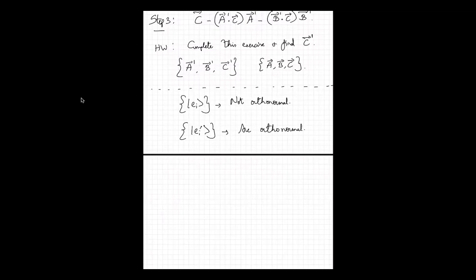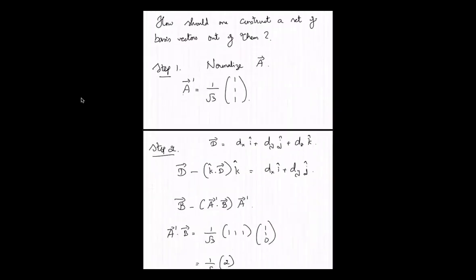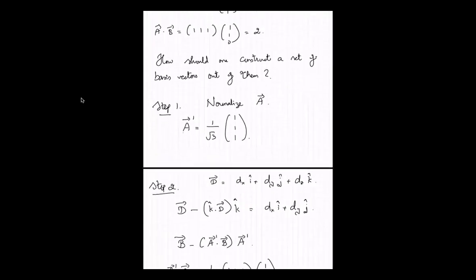So the first step is to normalize the first vector. So you take the first vector and you divide the first vector by the length of the first vector. Okay, so let us call this E1 prime. Just like we normalized A to get a vector that is of unit length.